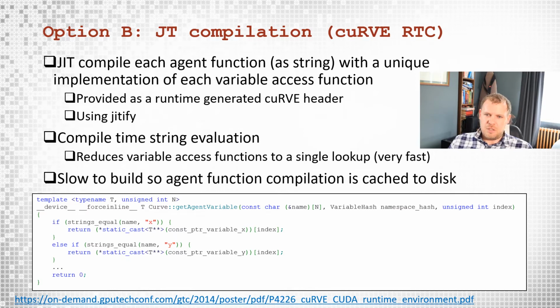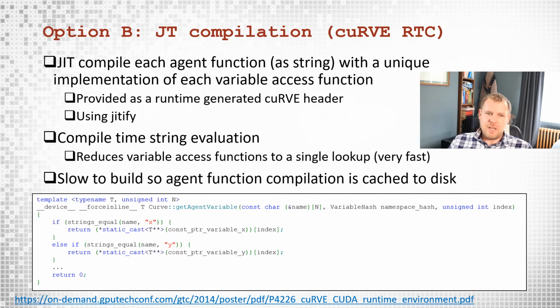Same for messages and environment variables. And effectively what happens is that we again use compile time string evaluation to do a very, very fast lookup. The compiler, because we designed this function using again template metaprogramming, reduces the lookup of a variable effectively to a single lookup, which is very, very quick.